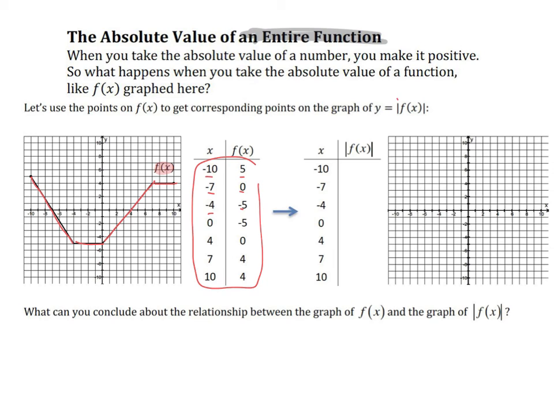But if I take the absolute value of that entire function, now notice I'm not giving you what that function is algebraically, I'm just giving you ordered pairs, and we wouldn't even give you this table. But if you were taking the absolute value, that means every y value would have to be a positive result.